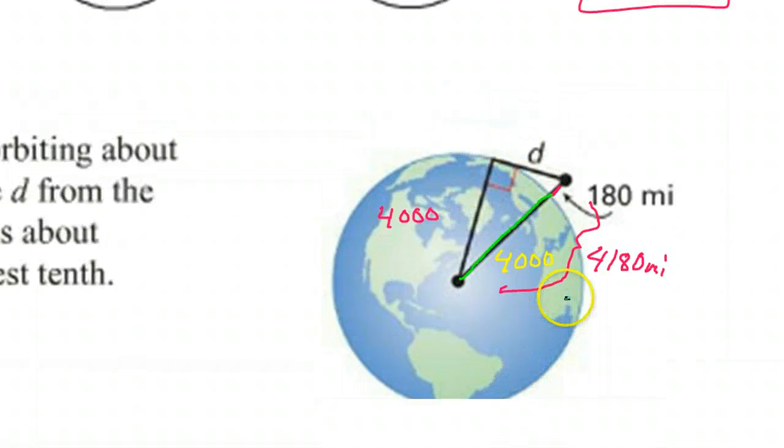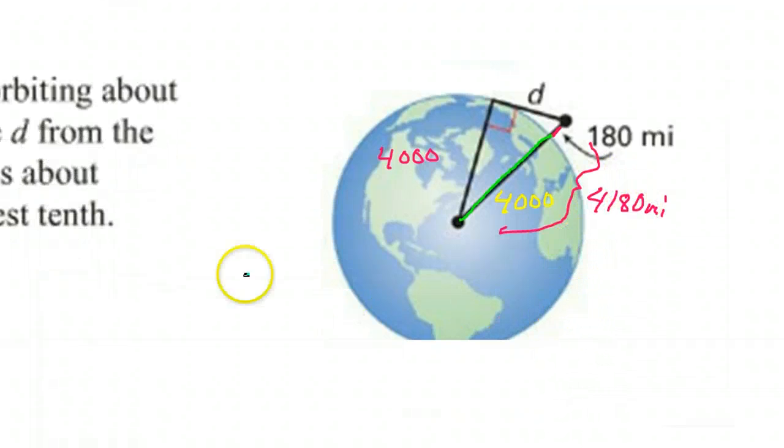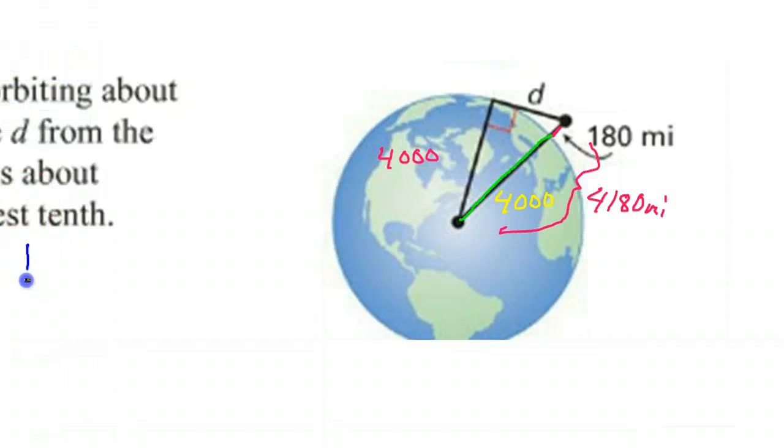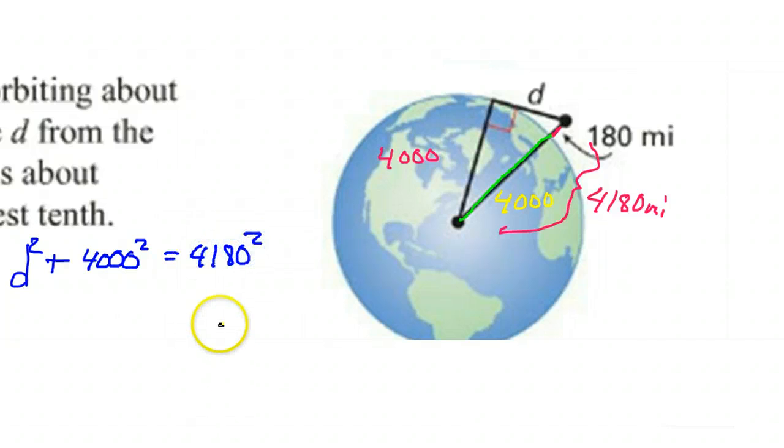So when I do my Pythagorean theorem, this is the hypotenuse. So my setup should be, let me switch colors, d squared, because that's leg squared, plus 4,000 squared should equal 4,180 squared.